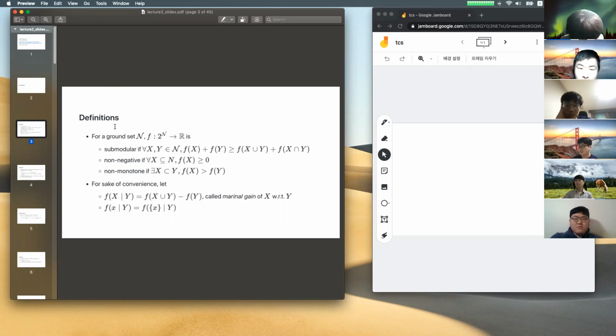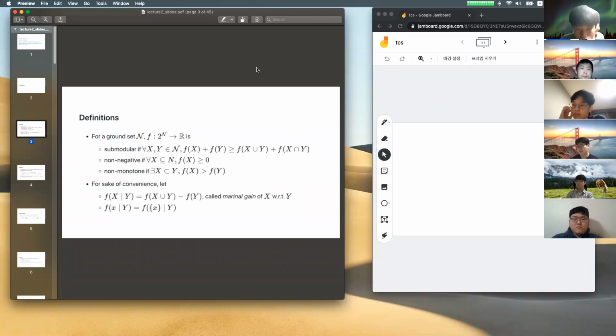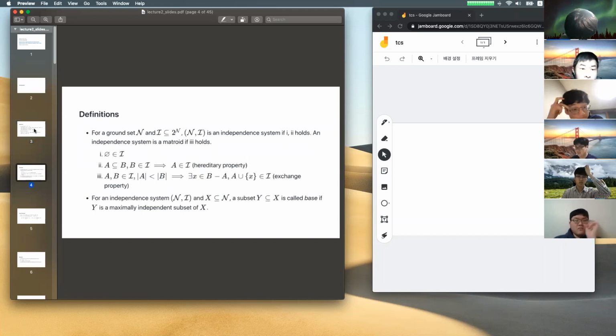This is the definition of a submodular function, and we can also define monotonicity for a function having a power set as its domain. For the sake of convenience, we define the marginal gain like this, and we can also define it for a single-element set. A set with an independence structure satisfying these three properties is called a matroid, and a maximal independent set is called a base.